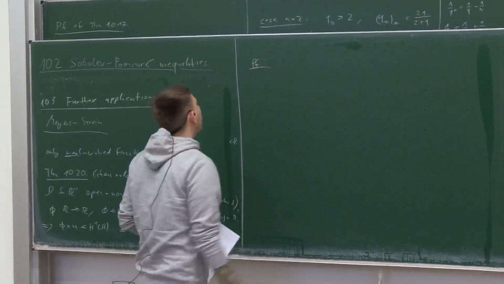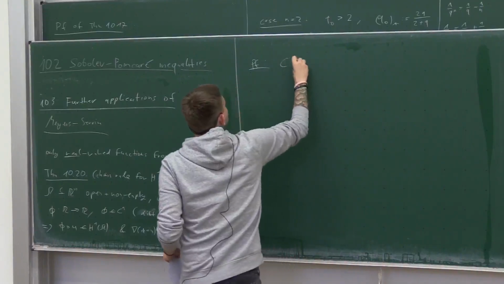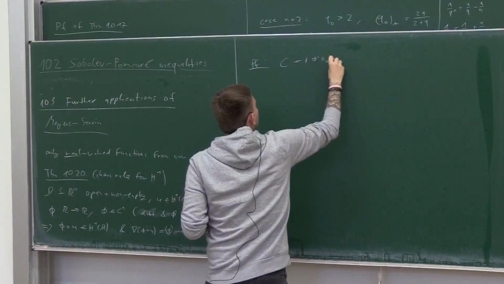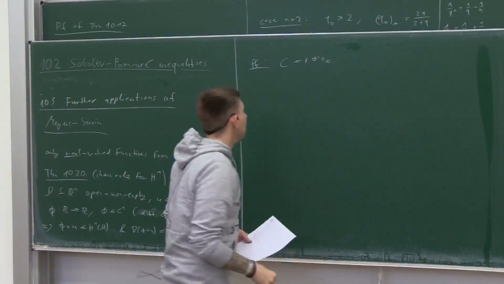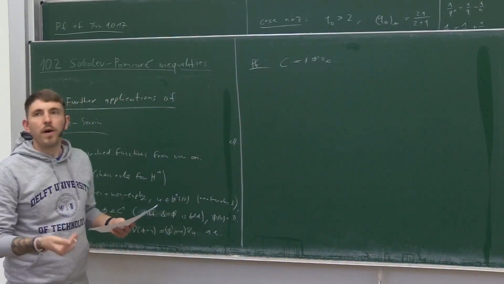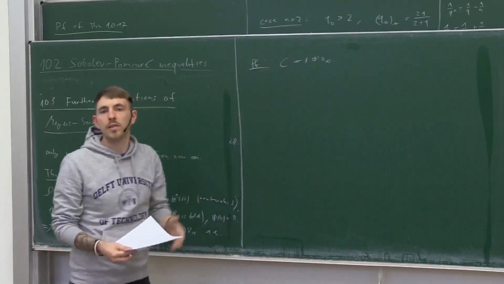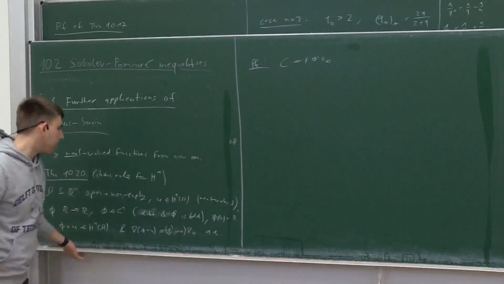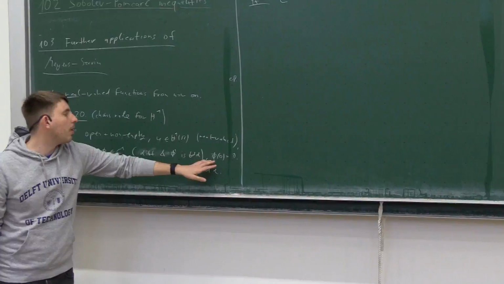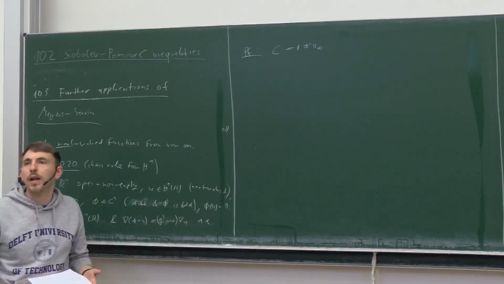For convenience, I give this bound for the derivative a name. I say that C is the L infinity norm of phi prime. Then it follows by the mean value theorem that phi is a Lipschitz function, and the Lipschitz constant is at most this C. But we can derive a further property: because phi vanishes in 0, we can also gain from Lipschitz something like a linear growth.